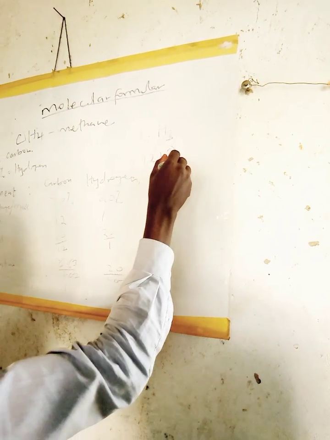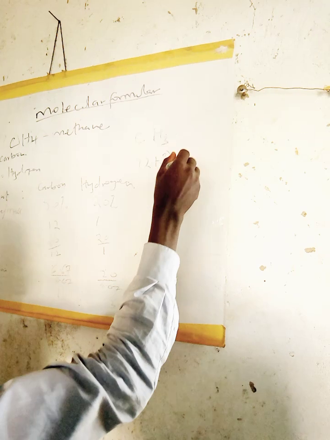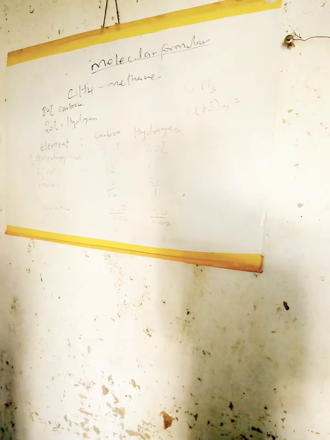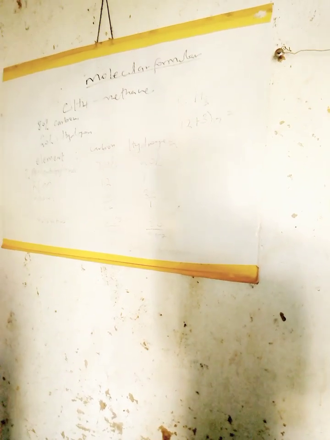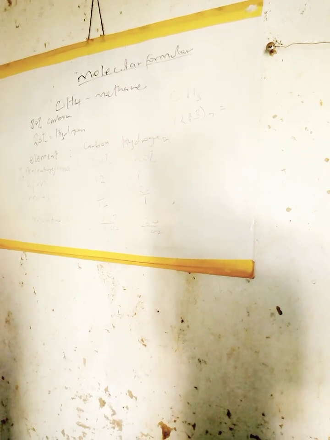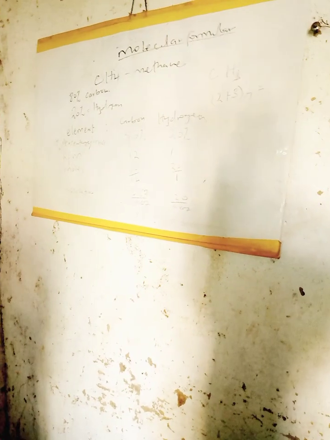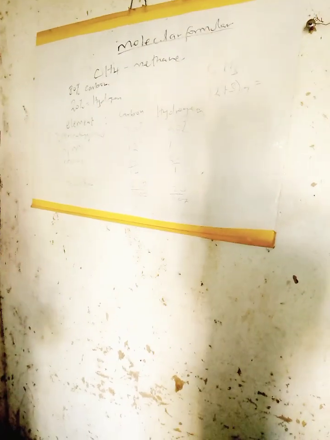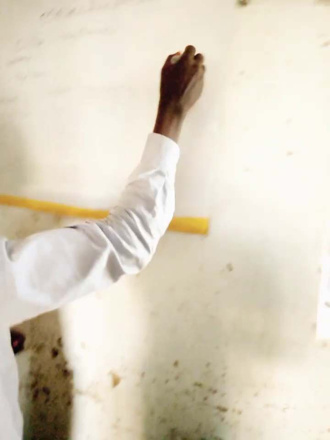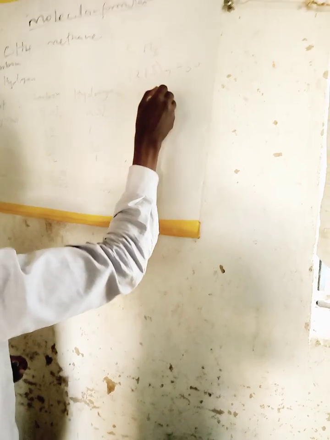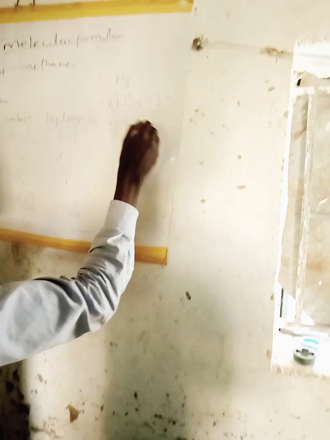Then this equals n times the molecular mass. You have been given the RMM, the relative molecular mass, as 30, so it is equated to 30. So 15n is equal to 30, divide by 15 on both sides.